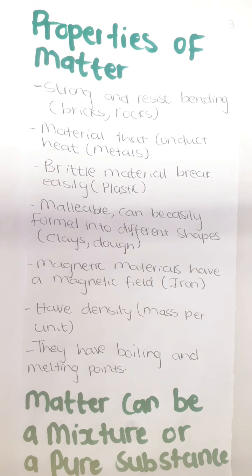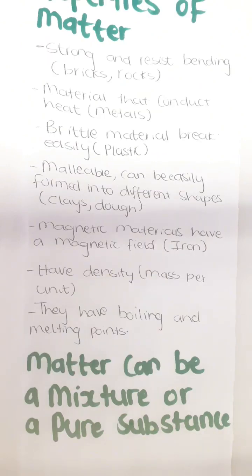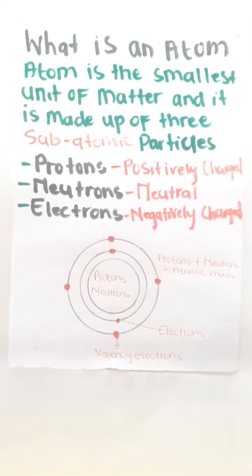Malleable material can be easily formed into different shapes, like clay and dough. Magnetic materials have magnetic fields, like iron. Matter has density, which is mass per unit volume, and it has boiling and melting points. Matter can be a mixture or a pure substance.